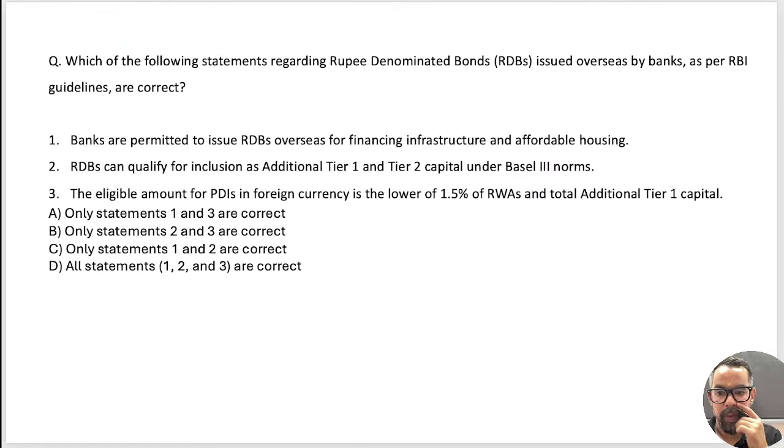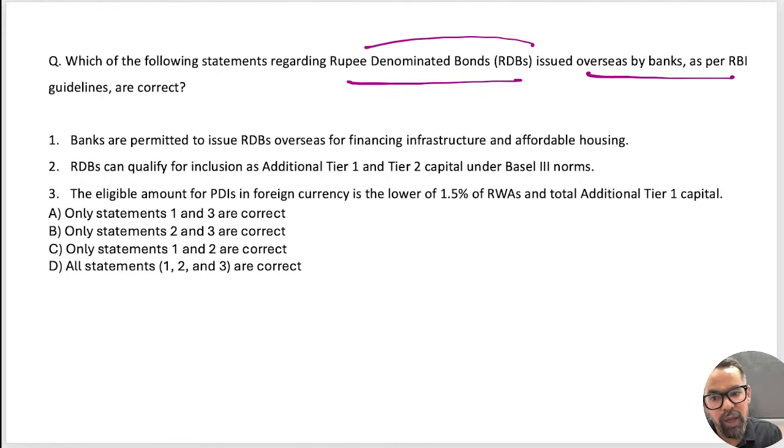Next one, guys. Which of the following statements regarding the rupee denominated bonds issued in overseas market by RBI is correct? Very easy, guys. Please answer this. Banks are permitted to issue RDBs overseas for financial projects and affordable housing.